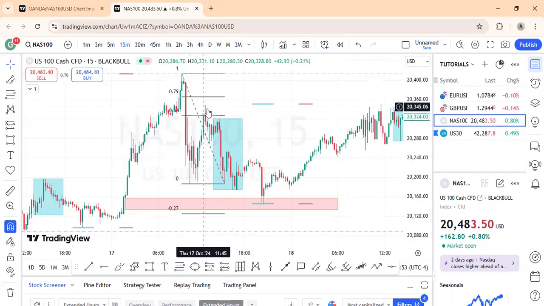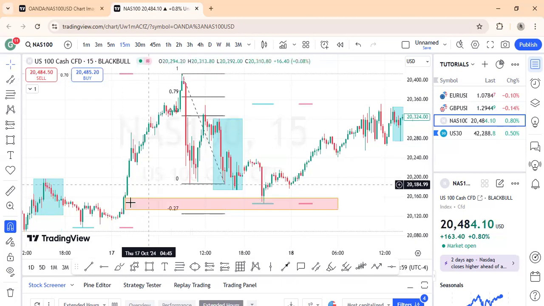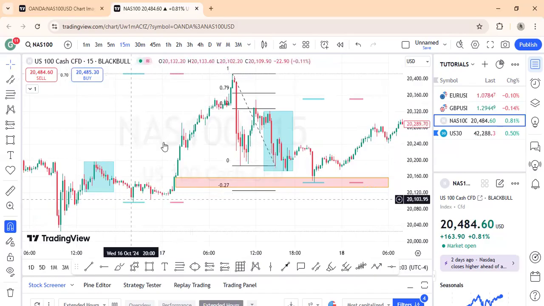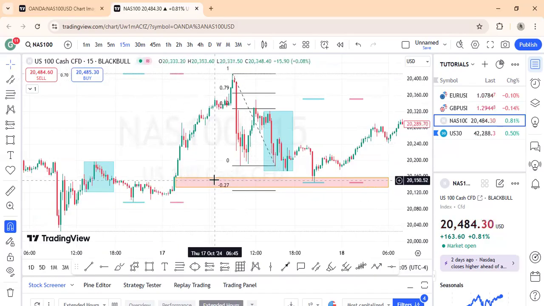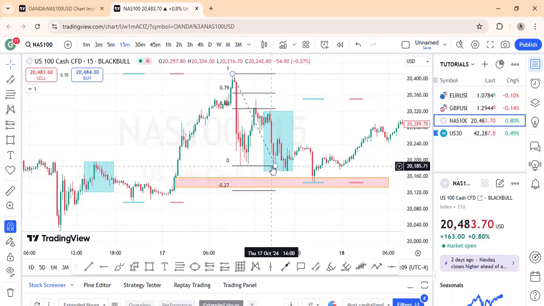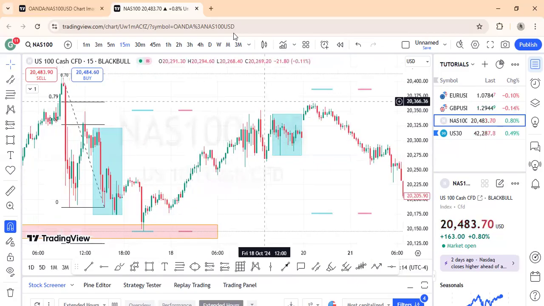So this was the last imbalance. I told you guys that the last imbalance has every tendency to move price in the opposite direction. So this was the last imbalance between this low and this high, right? So you'd have just taken profit at this zero level, the zero retracement level, and then seen what price would have done after that.